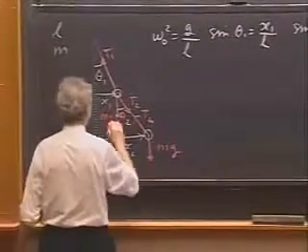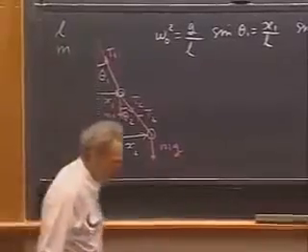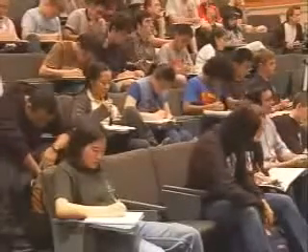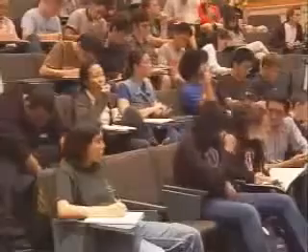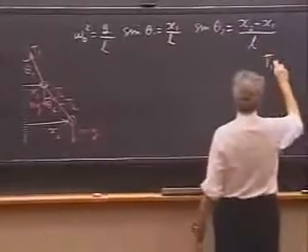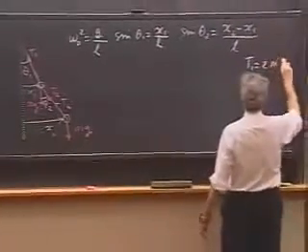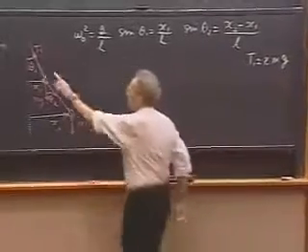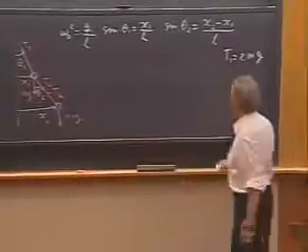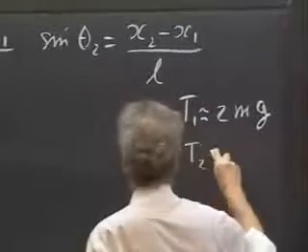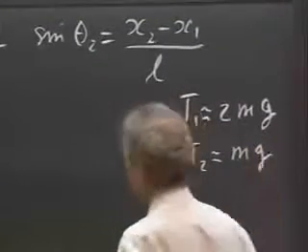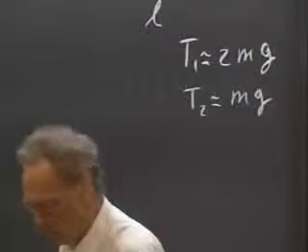Those are the only forces on these objects. At small angles, I do know that T1 must be approximately 2 mg, because it's carrying both loads, so to speak. And we know that T2 is very close to mg. And we're going to use that in our approximation.